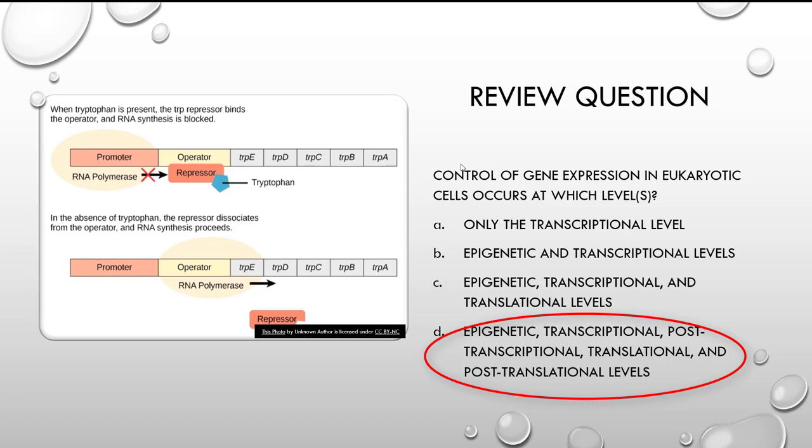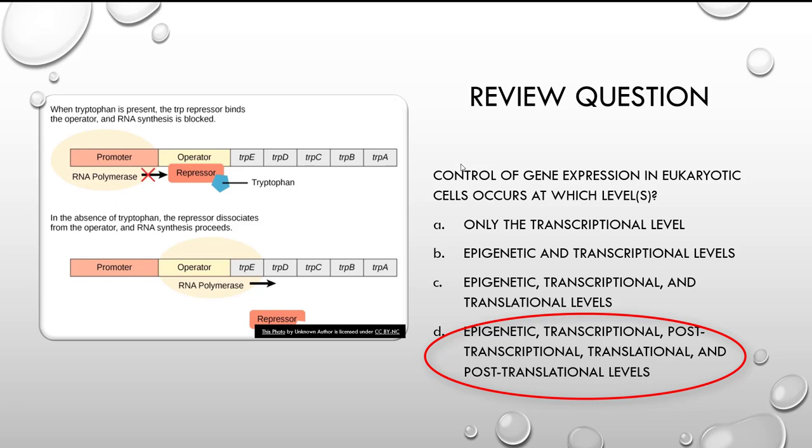So we have the epigenetic levels. That's where, if the DNA is tightly wound, the genes won't get expressed. If it's unwound, then they will. Transcriptional level: if the repressor is bound to the operator, then it'll block the RNA polymerase from transcribing. If it's not, then RNA polymerase will transcribe. Post-transcriptional level: the splicing out of the introns, which could possibly take an exon with it.